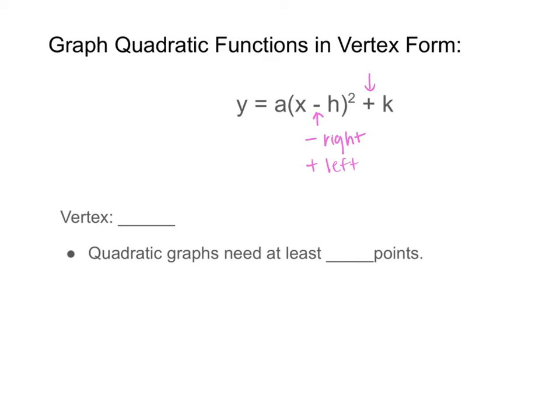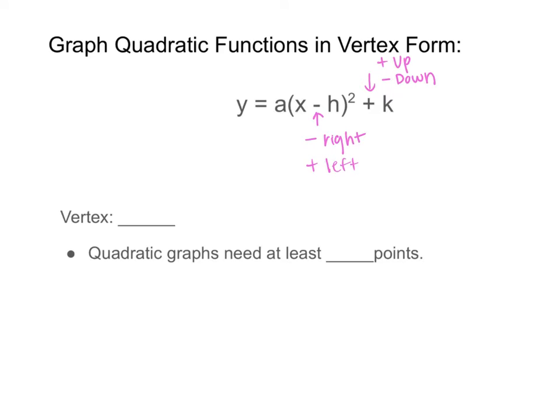And then if there's a plus sign outside, you're going to move up, and negative means down. So inside the parentheses is your horizontal shift. If it's a minus sign, you move right, plus sign left. On the outside tells you your vertical shift. Plus sign is up, negative is down.